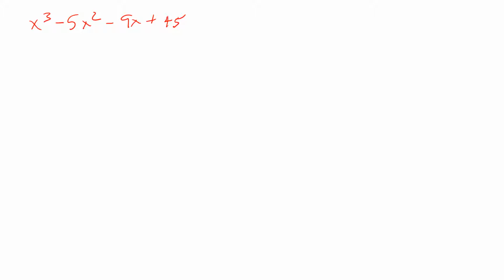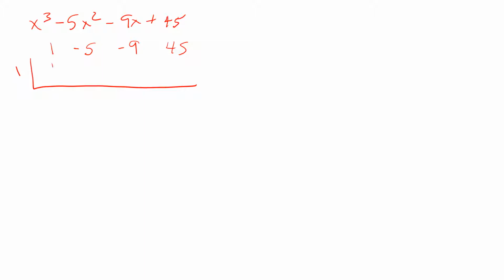When I do my synthetic division, I set this up and write down the numbers in front of my variables: a 1, a negative 5, a negative 9, and a 45. I'm going to randomly pick one of my zeros. Let's say I just do 1 first.